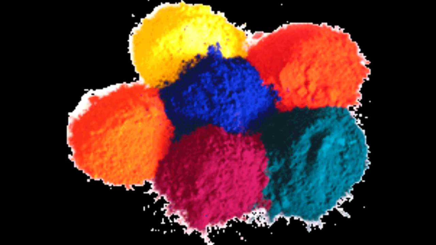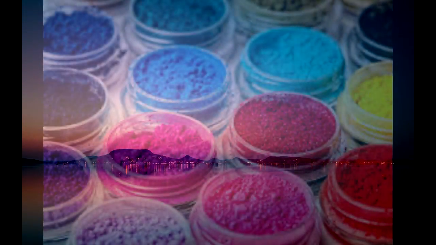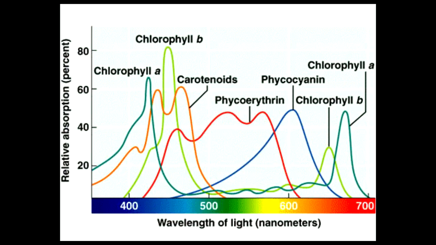Pigments are chemical compounds which reflect only certain wavelengths of visible light. This makes them appear colorful. Flowers, corals, and even animal skin contain pigments which give them their colors. More important than the reflection of light is the ability of pigments to absorb certain wavelengths.